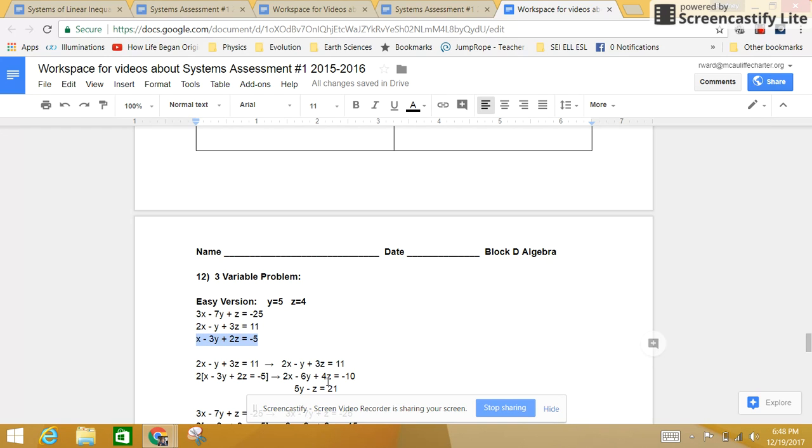I replace y with 5 and z with 4, and I solve. I've got x minus 15 plus 8 equals negative 5.